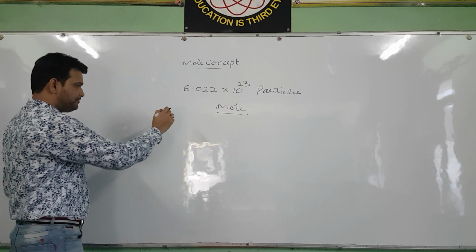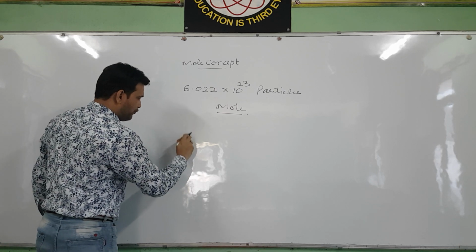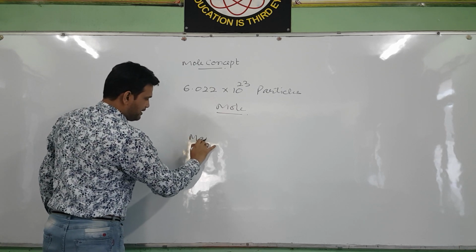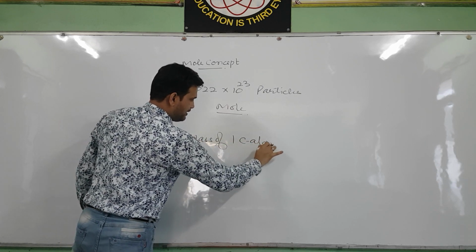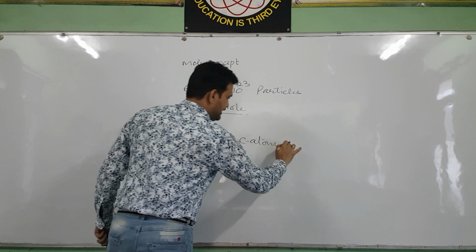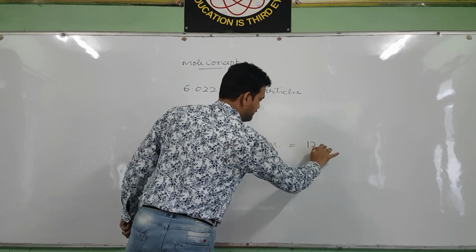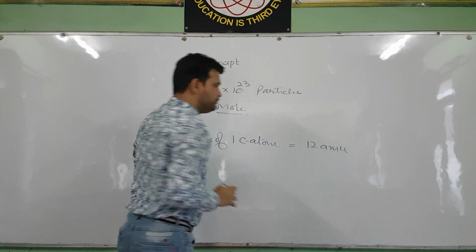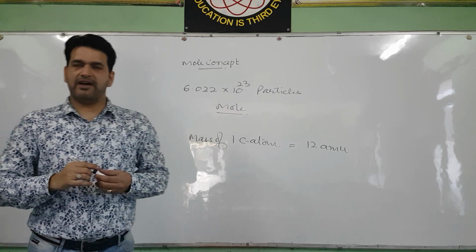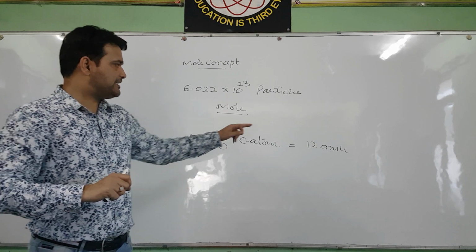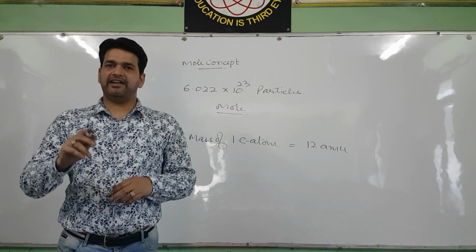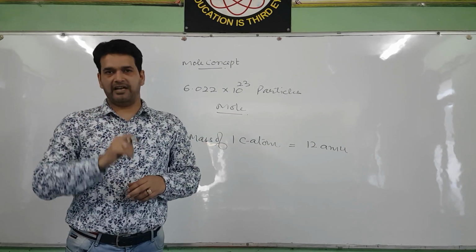Actually, the mass of one carbon atom is 12 AMU, and we all know this AMU unit is very small. It is negligible actually.